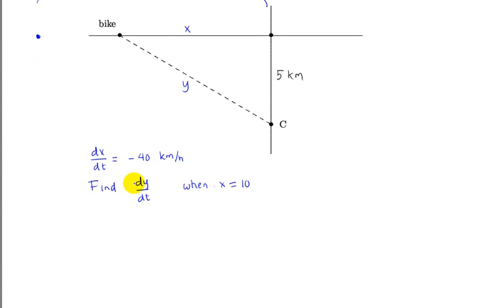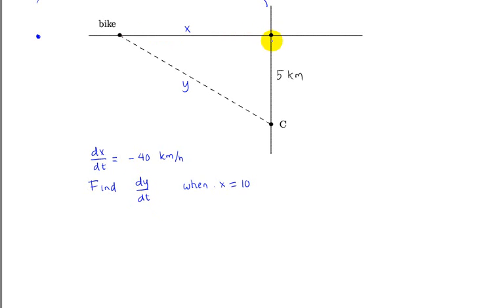Okay, so now we want to find the relationship between the rates of x and the rates of y. In order to be able to find the relationship between these two rates, first we need to find an equation that relates x and y.